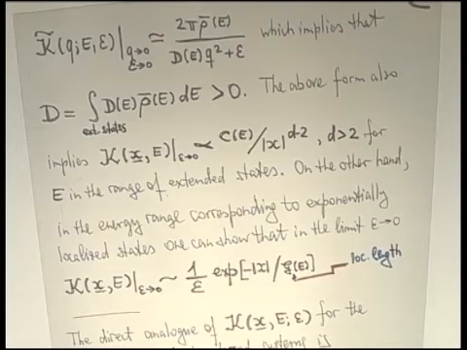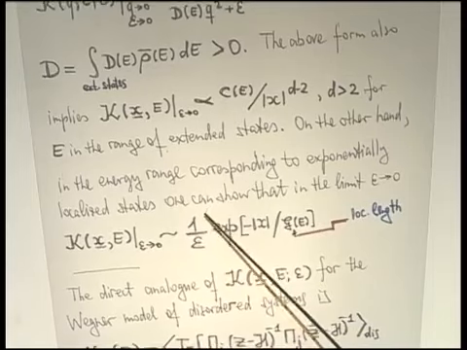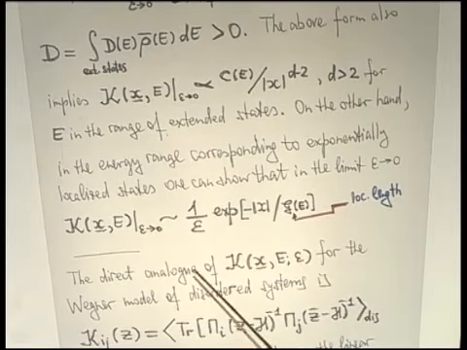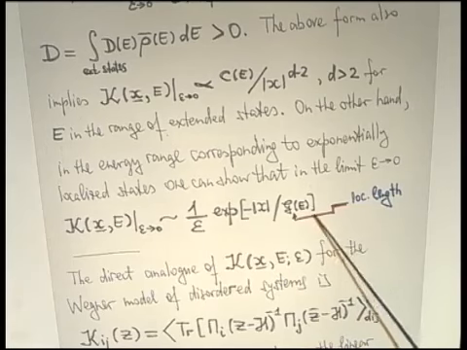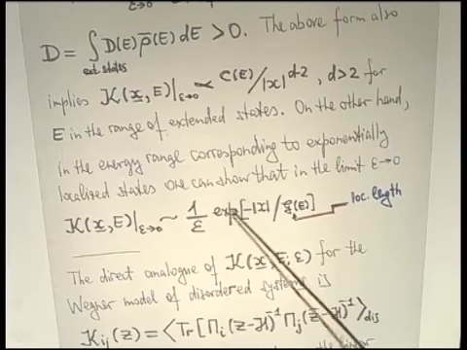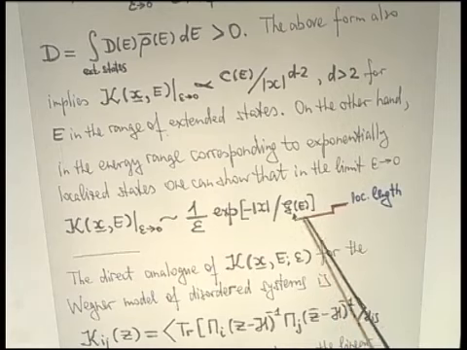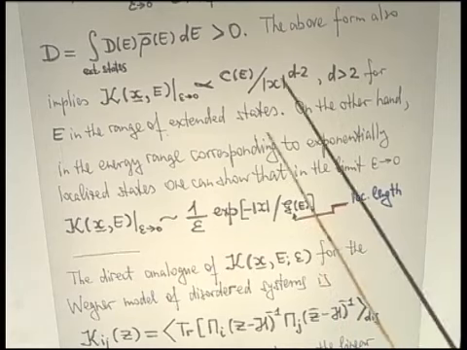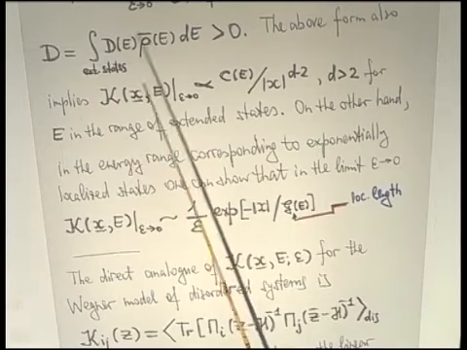On the other hand, if we are in the range corresponding to exponentially localized states, one can show by simple consideration that the behavior we expect should be quite different. It should be singular with epsilon in this limit, and the corresponding residue should show exponential decay with characteristic length, the localization length.